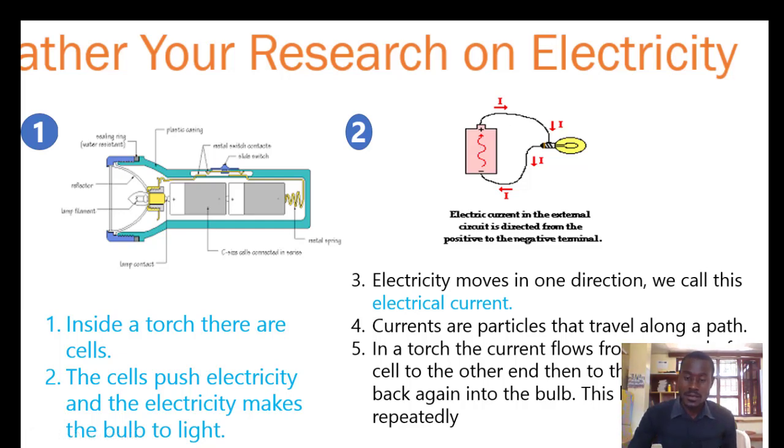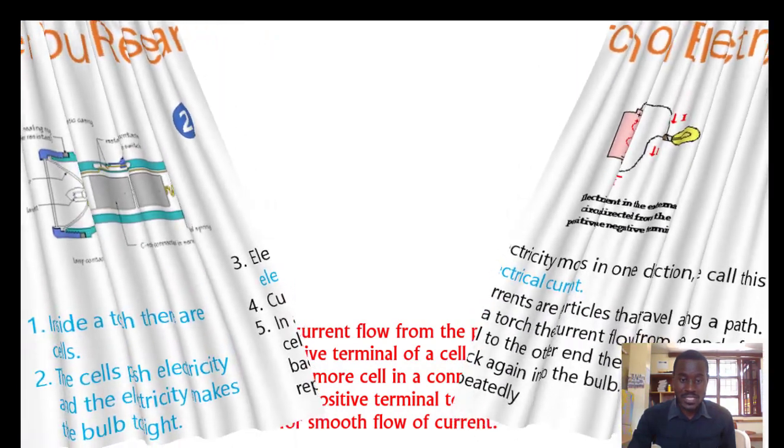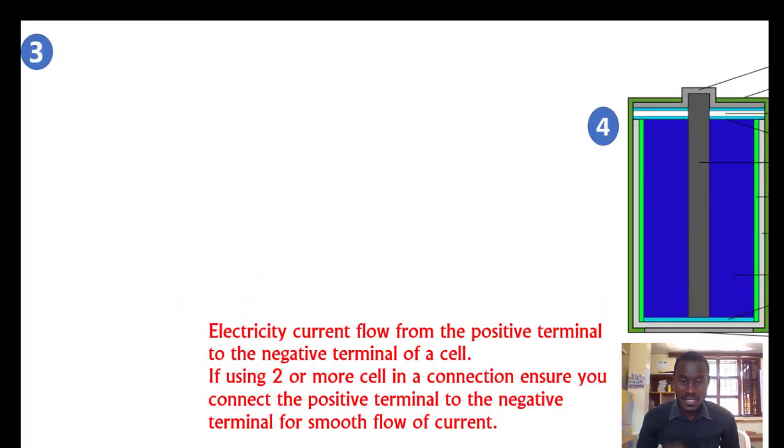Procedurally, that is all that we have said: electric current flows from the positive terminal. That is what we should know. Electricity starts from the positive terminal. Here we have the positive terminal, the negative terminal. So electricity flows from this positive terminal to the negative terminal.